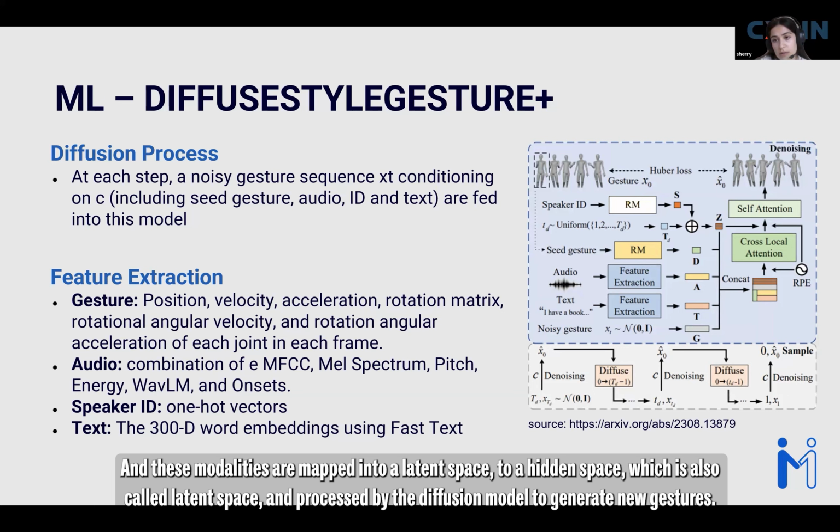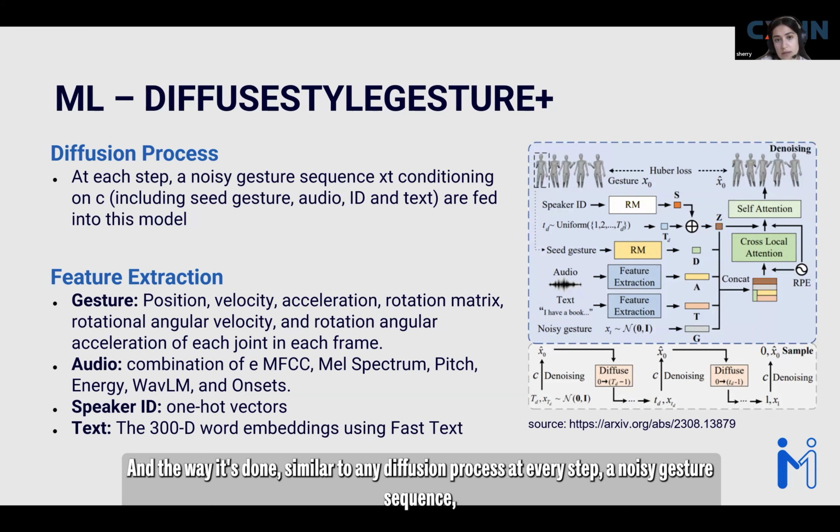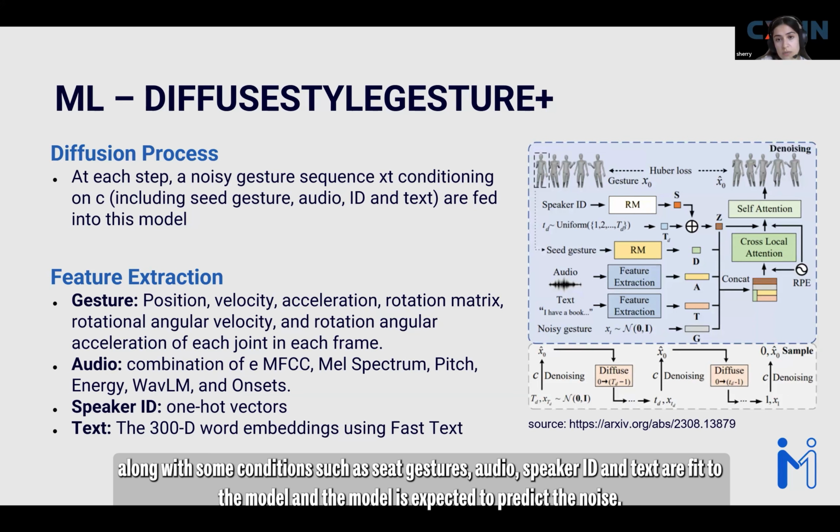These modalities are mapped into a hidden space, which is also called latent space, and processed by the diffusion model to generate new gestures. The way it's done, similar to any diffusion process, at every step, a noisy gesture sequence, along with some conditions such as seed gestures, audio, speaker ID, and text, are fed to the model, and the model is expected to predict the noise.